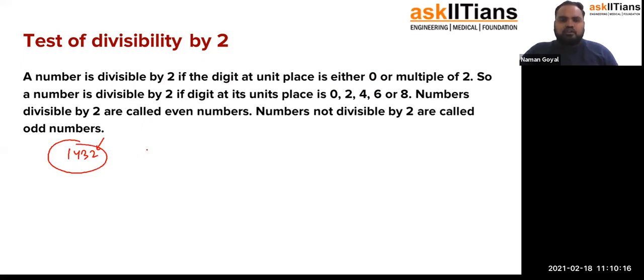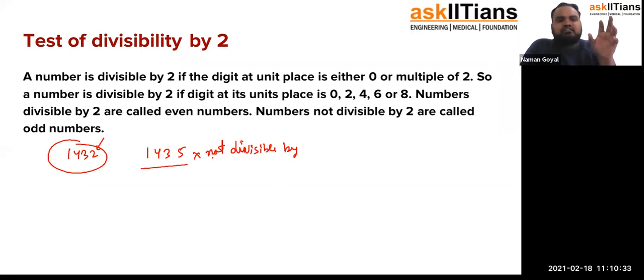If there is an odd number like this, it is not divisible by 2. So for checking whether a number is divisible by 2 or not, we have to check the unit digit only. If the unit digit is 0 or a multiple of 2, then it is divisible by 2, otherwise it is not.